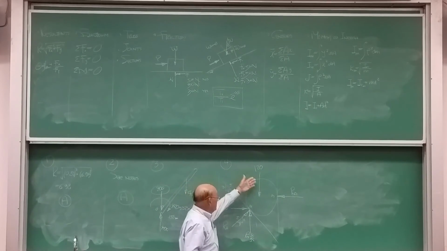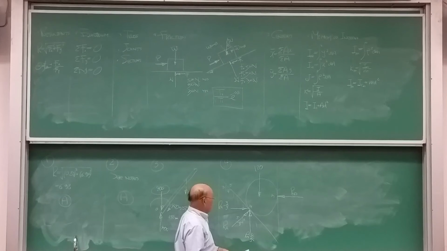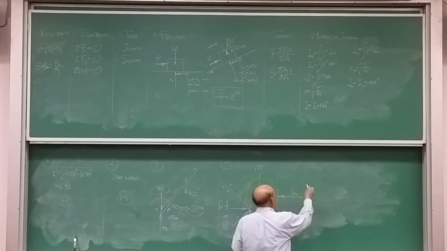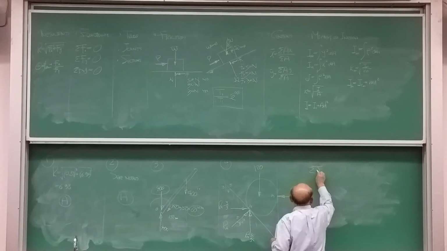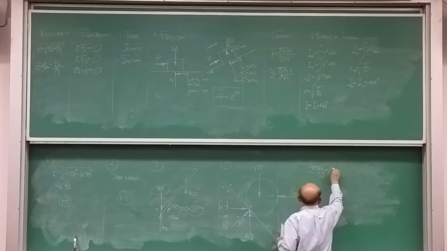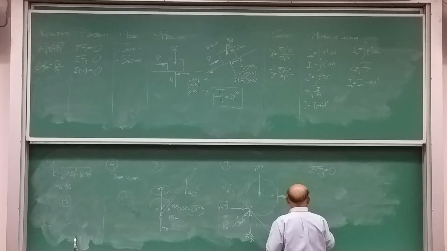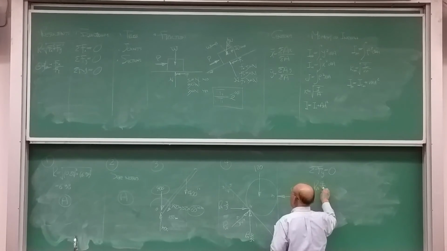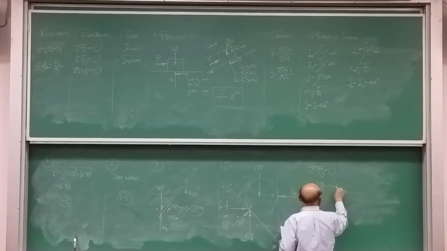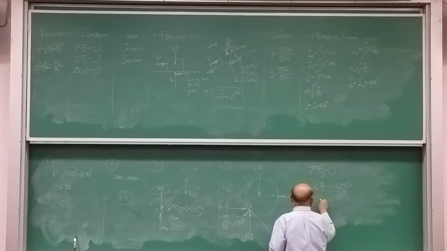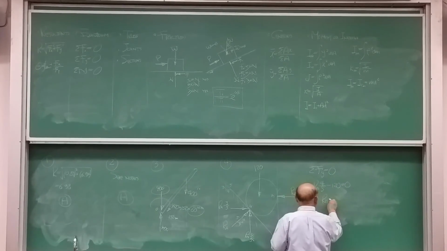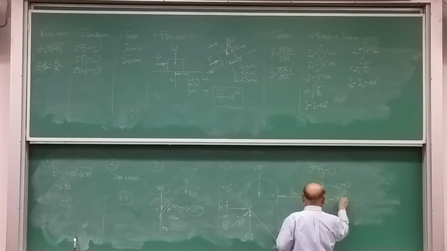So I can say summation in Y must be equal to 0. It's the equilibrium problem. So R sub A times 4/5 minus 120 is equal to 0. So from that R sub A is 450.